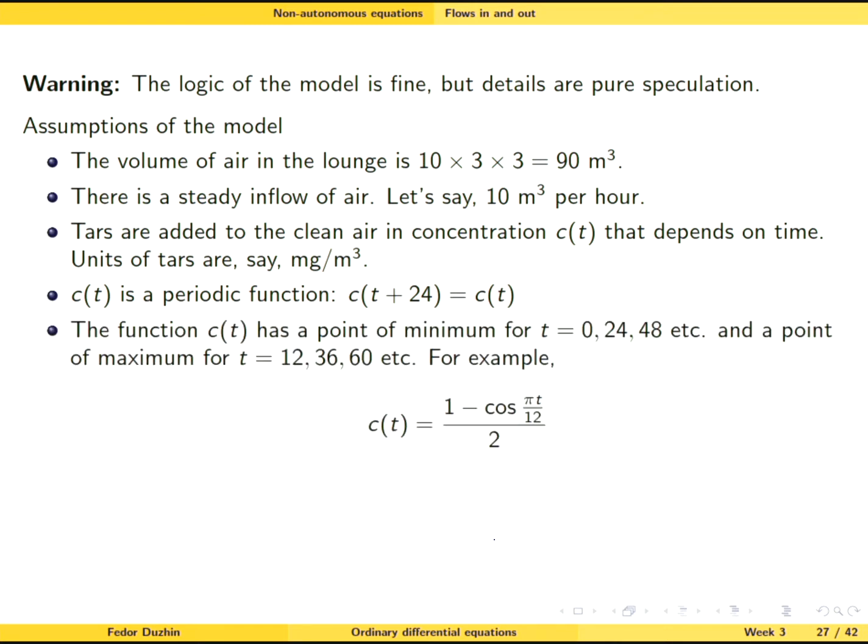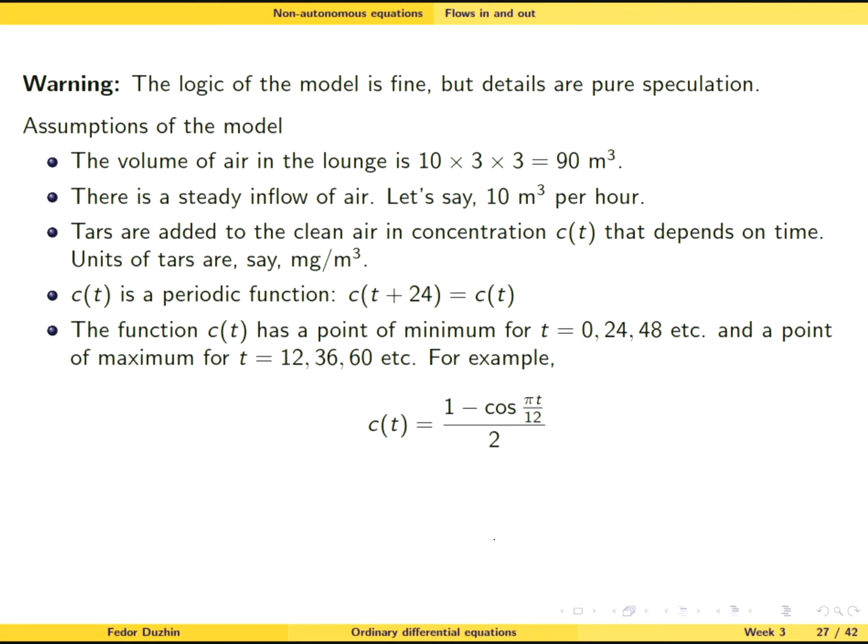We are assuming that this is a periodic function. And then, just to come up with a periodic function that has points of minimum when t is 0, 24, 48, and so on, that is midnight, and points of maximum at 12, 36, and so on, that is noon, I just thought of the simplest trigonometric function, and that's what we are going to do.